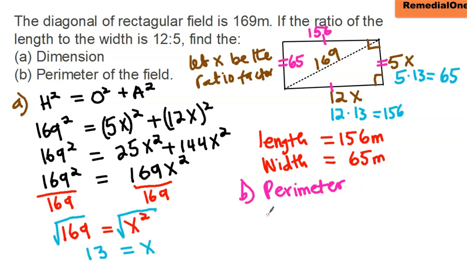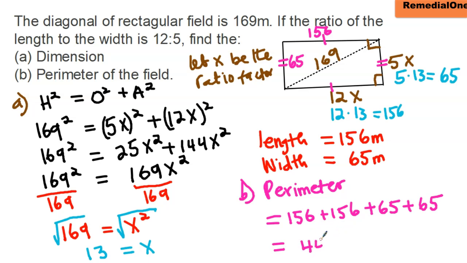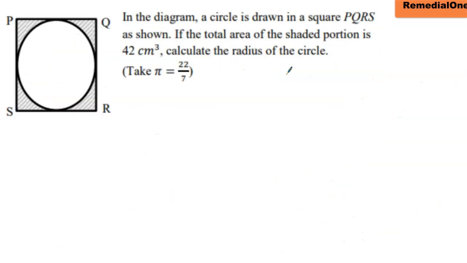So the perimeter is 156 plus 156 plus 65 plus another 65. When you add all of them together, you get 442 meters.